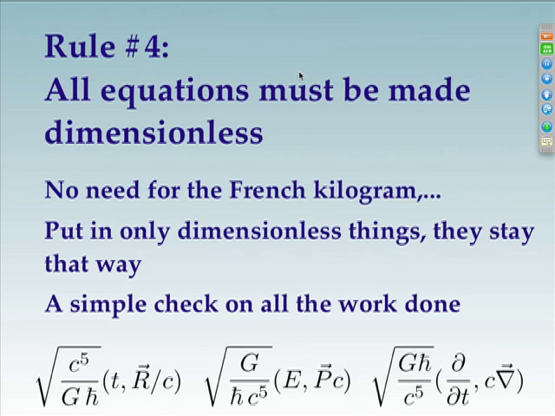So rule number 4 is that all equations must be made dimensionless. This is really, I don't want to deal with the French. That's my whole aim. They've got the kilogram defined in Paris. I love Paris, I love the city, but I don't want to go there to find out about the kilogram. So the way you execute this is that you put in only dimensionless things, and they're going to stay that way.